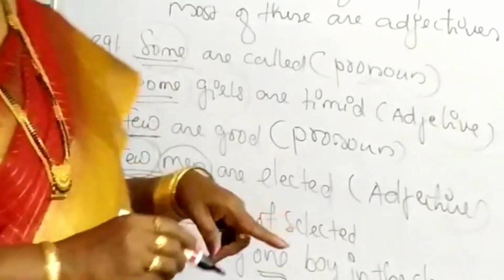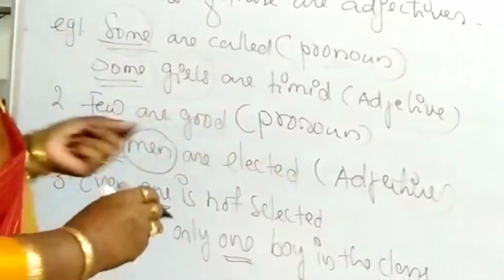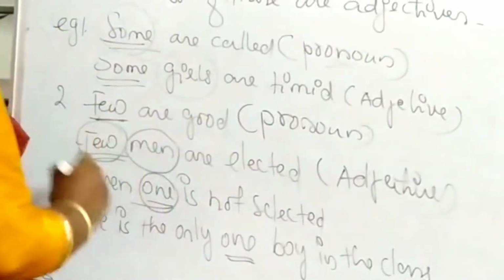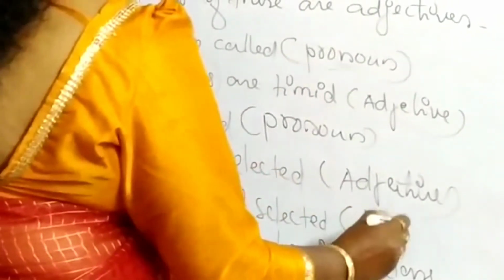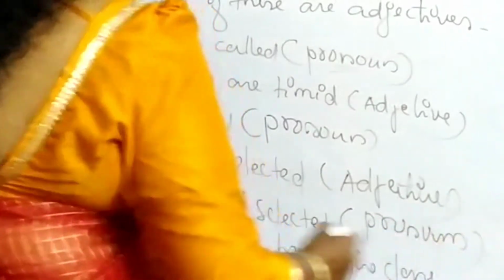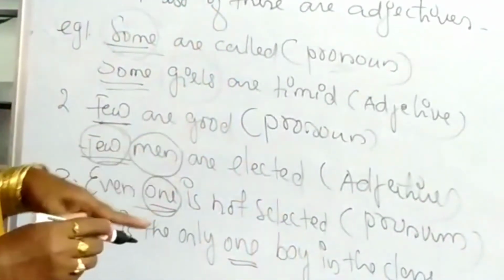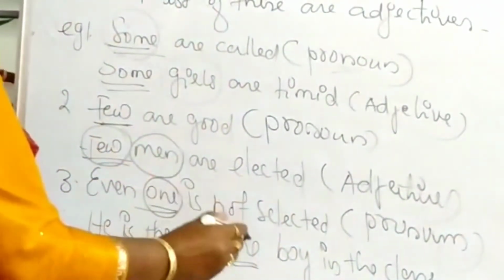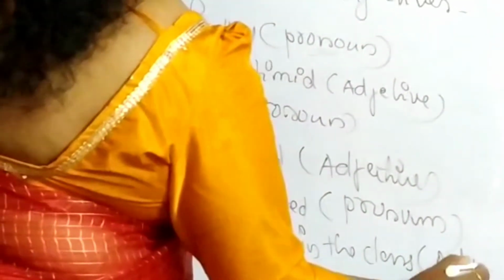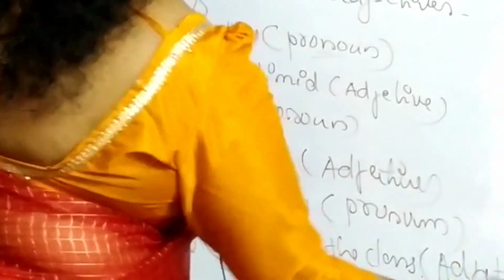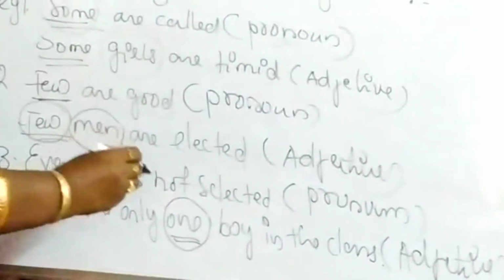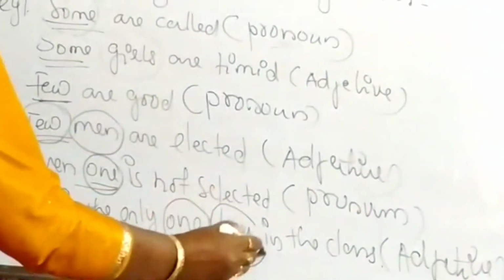Even one is not selected. Here this "one" is a pronoun. He is the only one boy in that class. Here this "one" is an adjective, because it qualifies the noun boy.